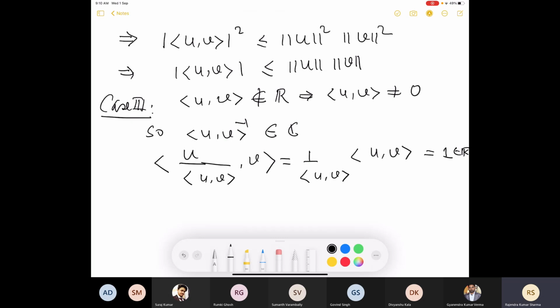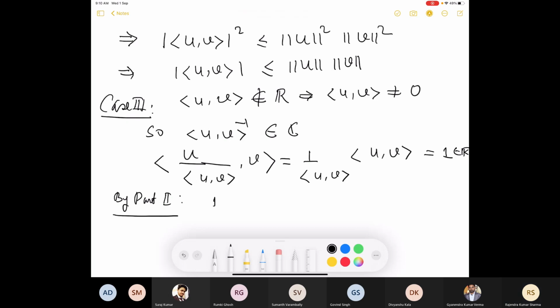Since it is real, then by part 2, which we had already proved for the case where the inner product is real, what does part 2 say?